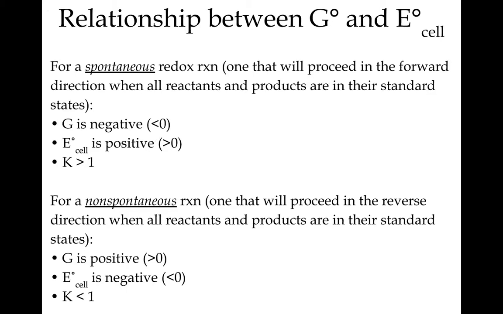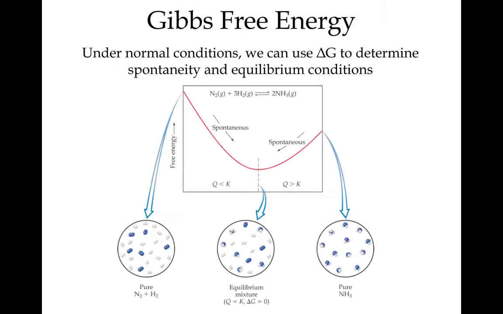So what is the relationship between G and E? I think I skipped that. You remember G is Gibbs free energy, right? When conditions are normal, we can use delta G to derive spontaneity and equilibrium conditions.